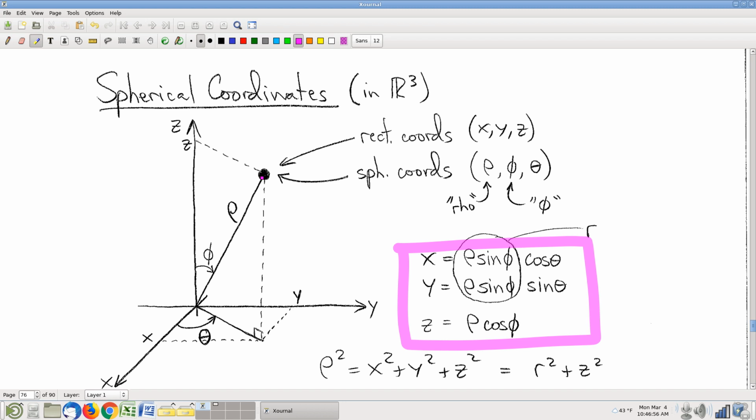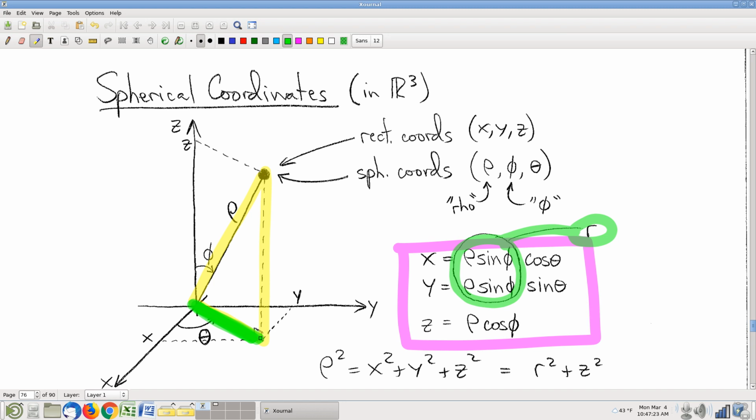The big hint, the thing that makes this all fall into place, is to make this realization: looking at this triangle here, that distance is rho. Looking at this triangle, that distance is r. So it's not hard to persuade yourself.